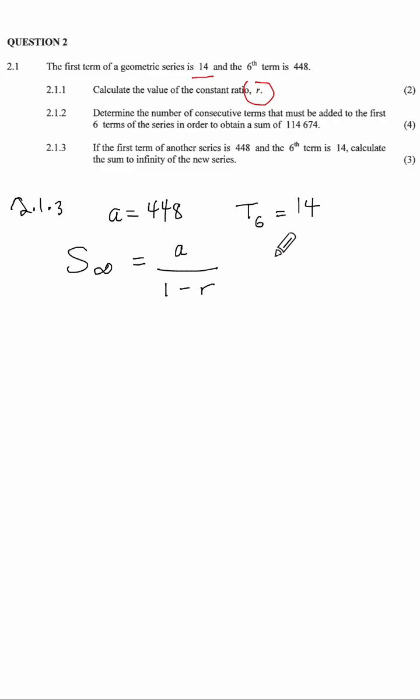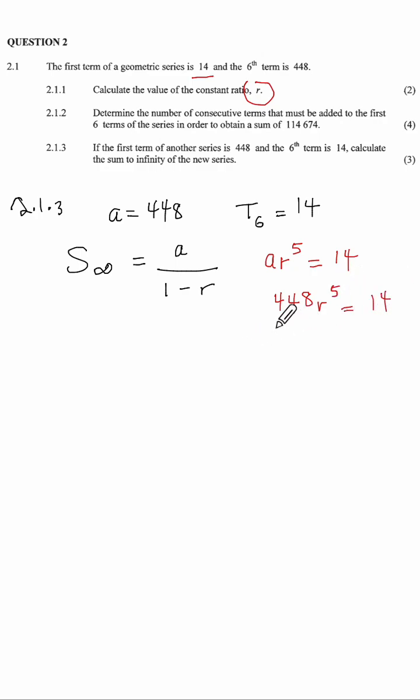We know that T6 is a r to the power of 5, so that's 14 in this case. Since a is 448, 448 r to the power 5 is equal to 14.